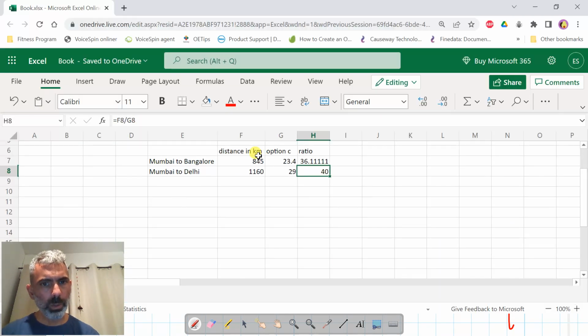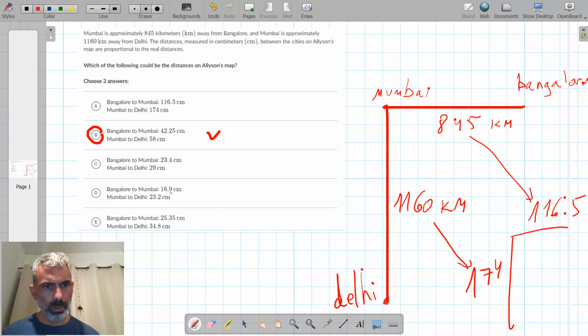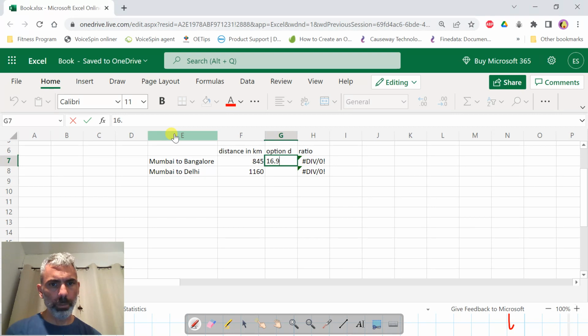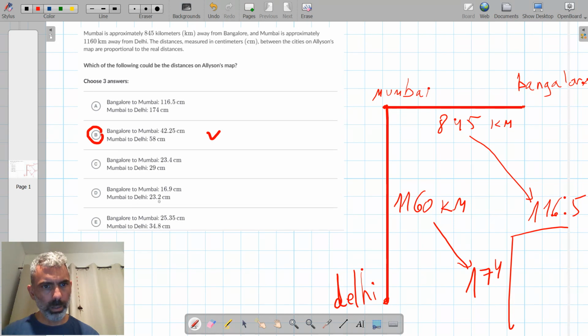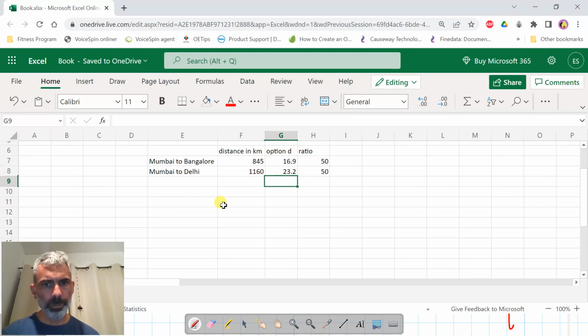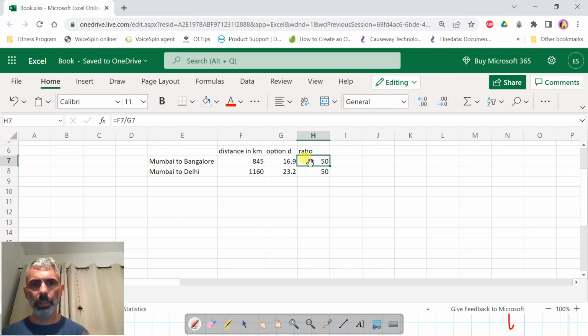Option D, we have 16.9 centimeters from Bangalore to Mumbai and 23.2. Okay, so here the same ratio, so option D is good. When I divide the distance in kilometers by the number of centimeters on the map, I get 50, so to go from the map to real life, I need to multiply each centimeter by 50.